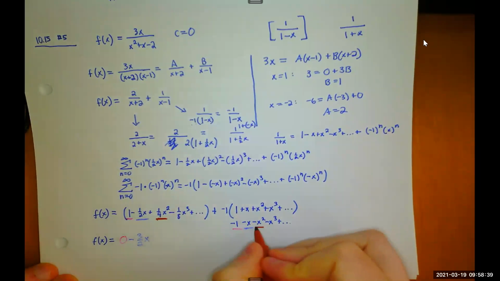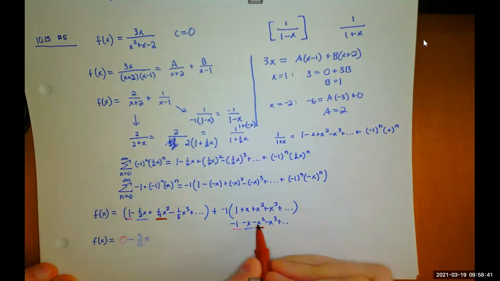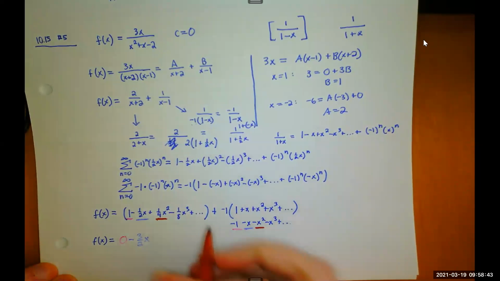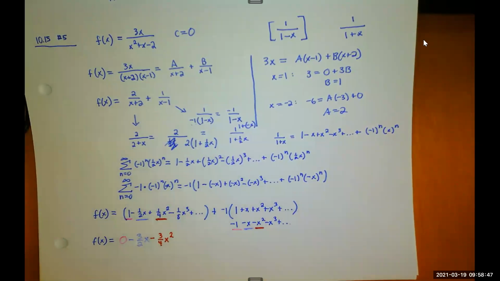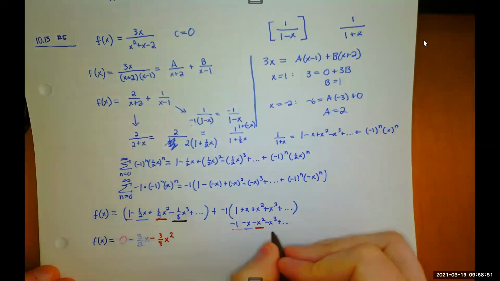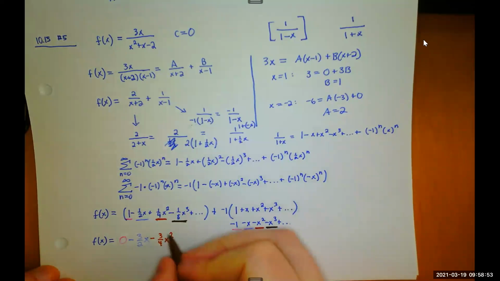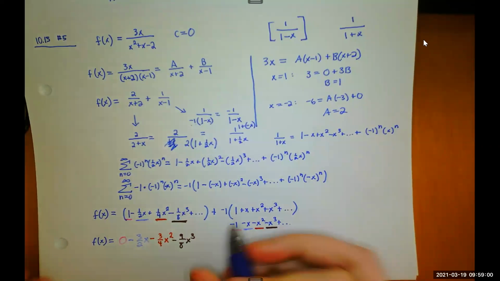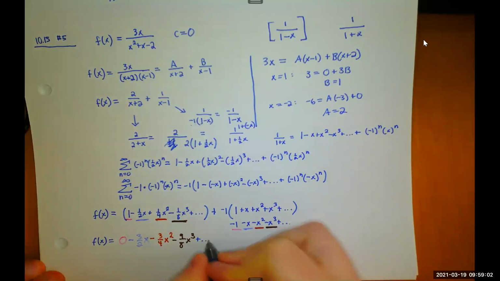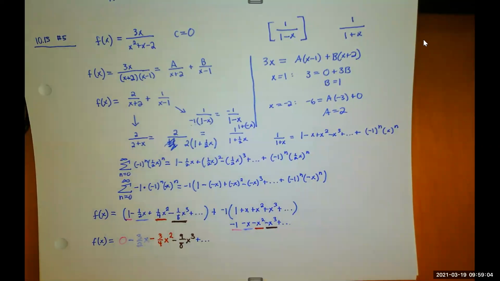This one and this one, that's 1/4 x squared, that's a -3/4 x squared. And then this one and this one, that's a -9/8 x cubed. And it continues. Nifty little problem, if I do say so myself.